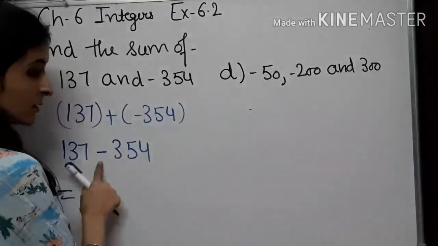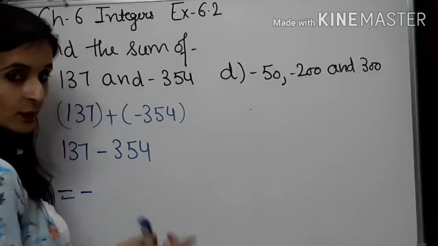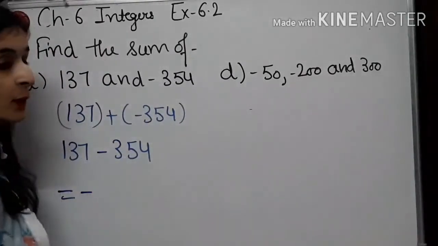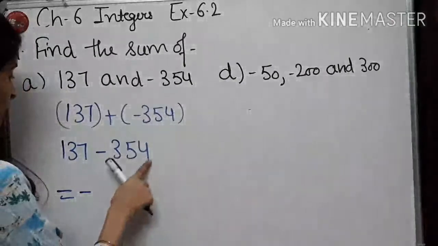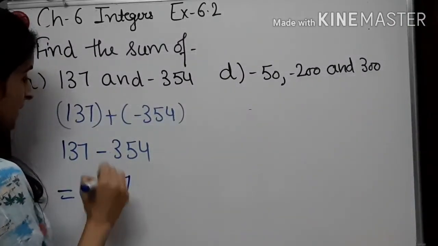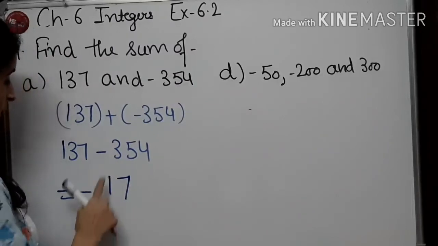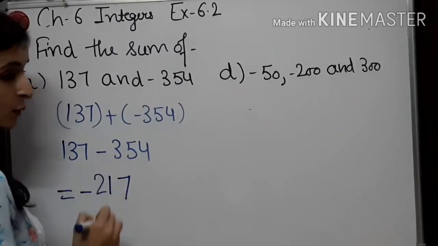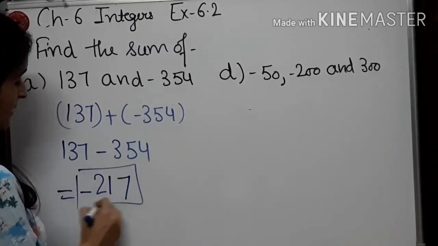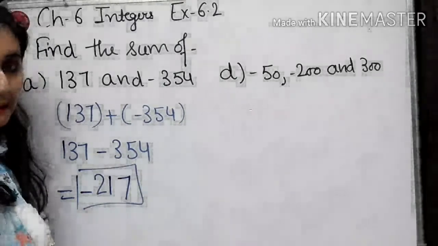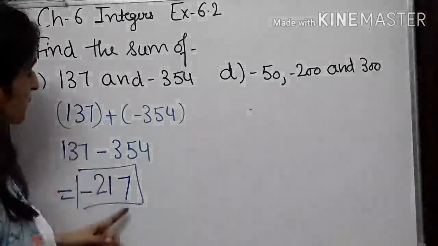Greater number के आगे कौन सा sign है? Negative. Now we have to subtract the smaller number from the greater number. So 14 minus 7 is 7. 4 minus 3 is 1. 3 minus 1 is 2. Our answer will be -270.